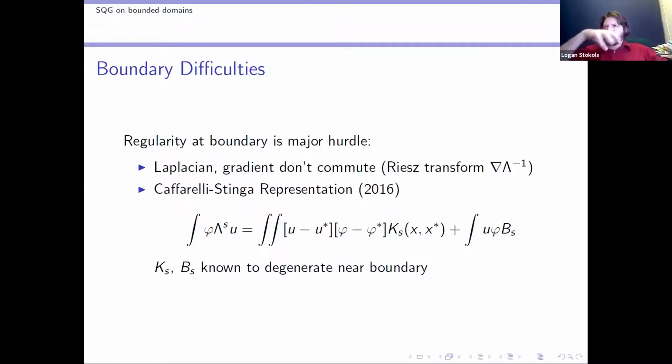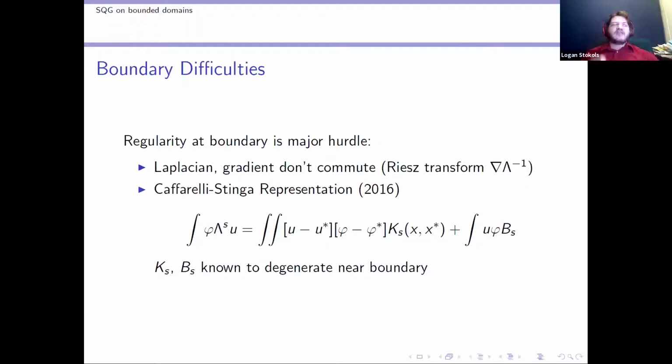This is because the Dirichlet Laplacian is not translation invariant. If you have a Dirichlet boundary condition on a function and you translate the function slightly, it no longer vanishes at the boundary. In the interior, you can fudge it and say, let it be almost the same, but change it. But as you get closer to the boundary, this becomes more and more of a problem.